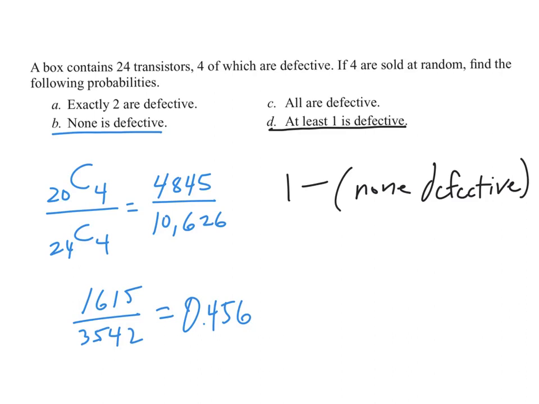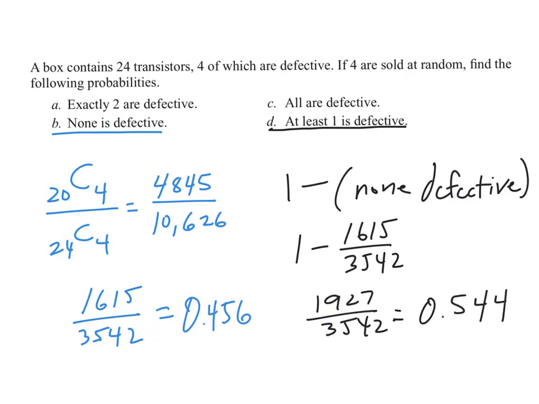And anytime you see one of those at least problems, that's what's going to happen. You're going to take the complement of the event. Well, we already figured out what the none defective is. We did that over here for part B, and most of the time when you have these parts like that, you will have calculated it earlier.